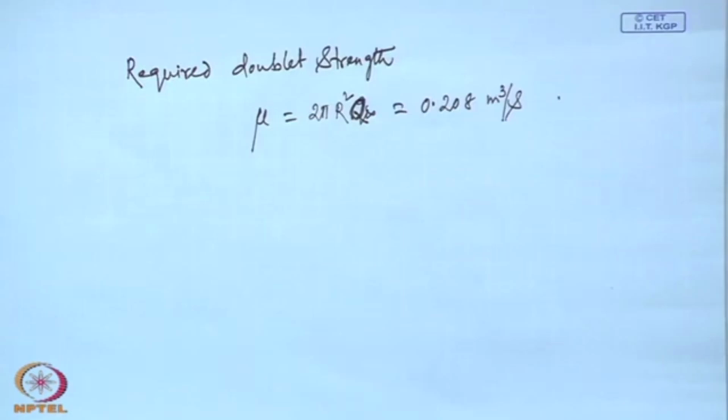Now, in this case there is a circulation also, because the problem says that this airfoil has camber and this airfoil develops full Joukowski lift at 10 degree.